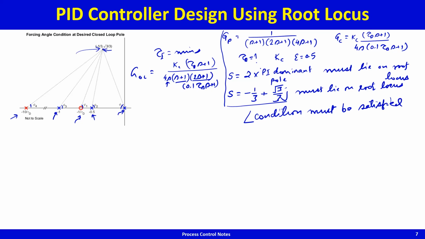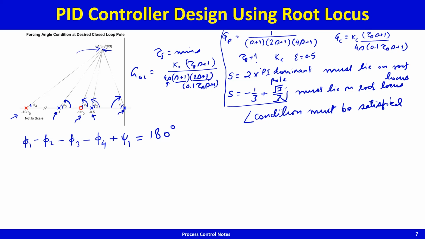So following this convention, this would be phi 1 minus phi 2 minus phi 3 minus phi 4 plus psi 1, which should be equal to plus 180 or minus 180. We'll just say 180 degrees.